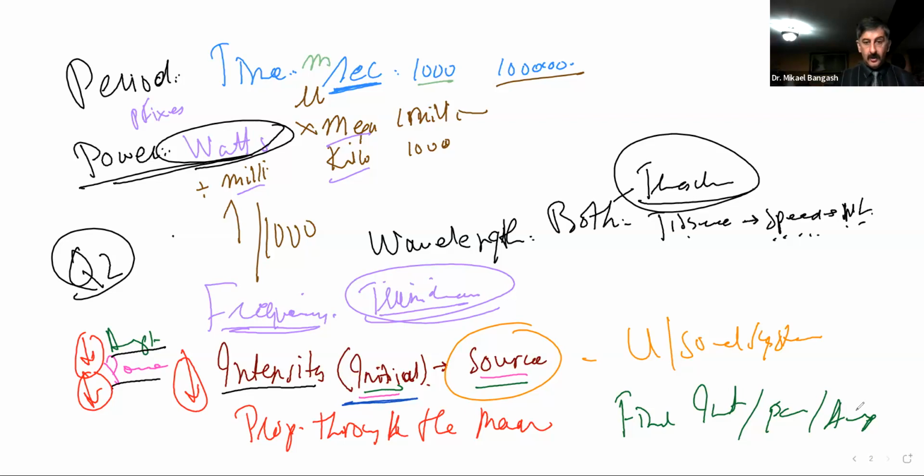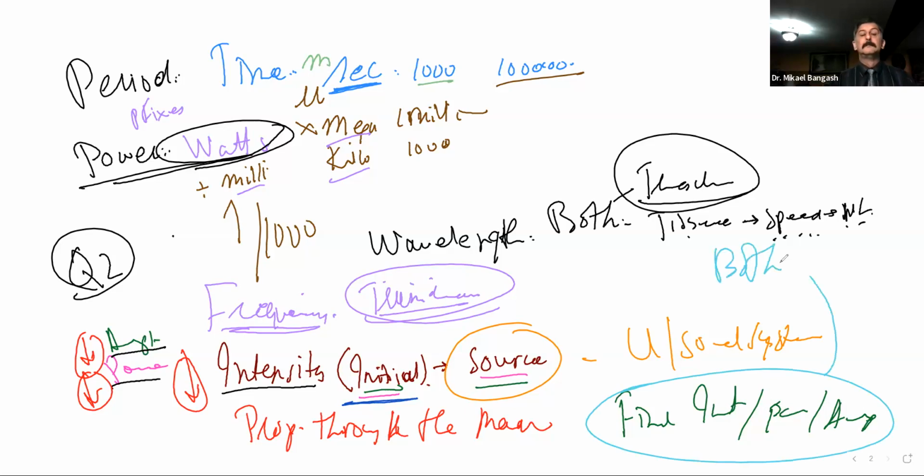Now this final amplitude, or intensity or power, is going to be determined by both. Why both? Because what remains depends upon your initial power, intensity or amplitude, and likewise the type of tissues it passes through.